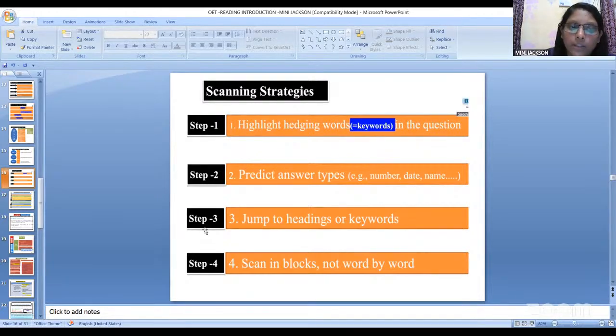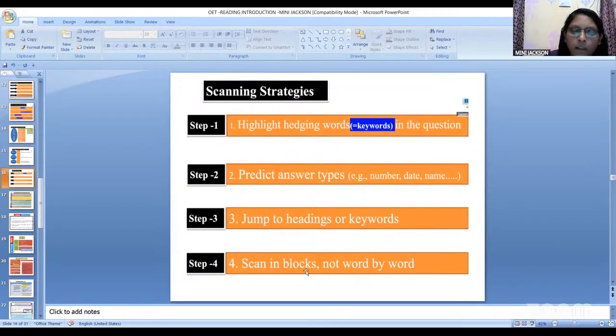Step 3, jump to the headings or keywords. Either you can jump to the headings or find the keywords, or write the words you understood from the text. Then the fourth step means scan in blocks, not word by word.